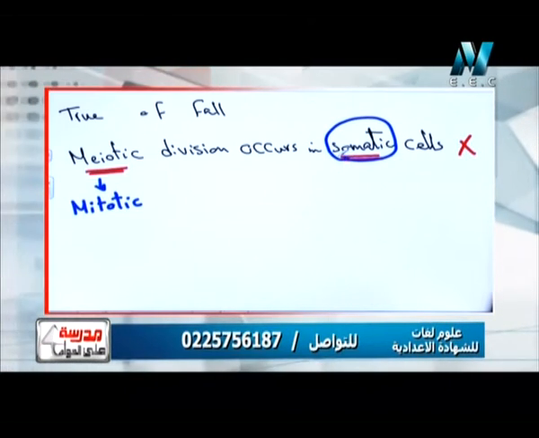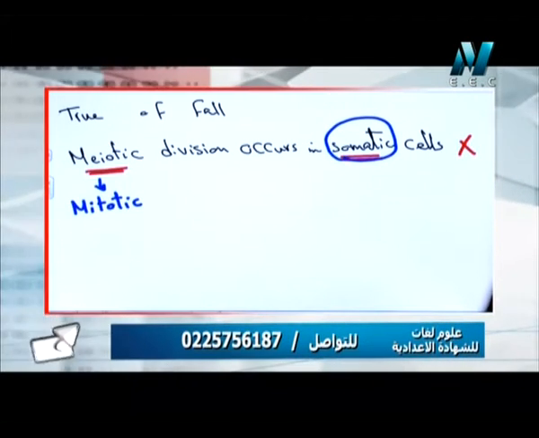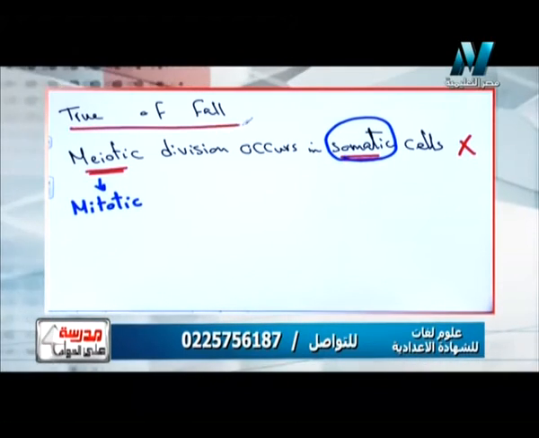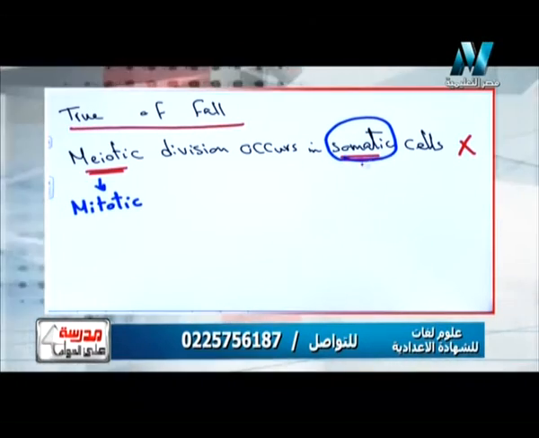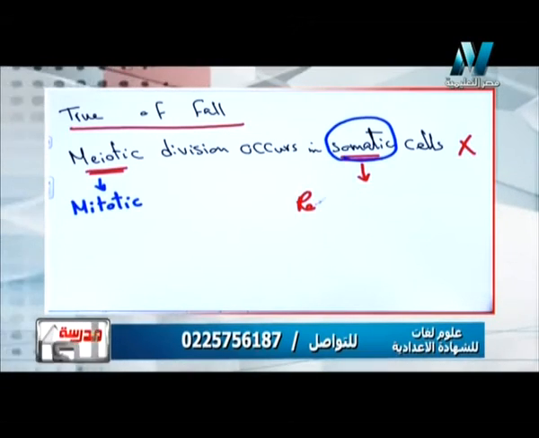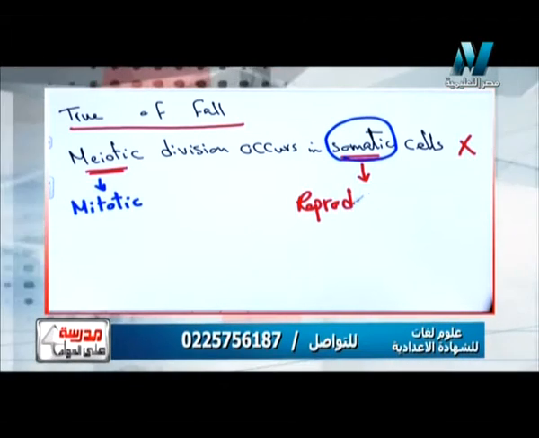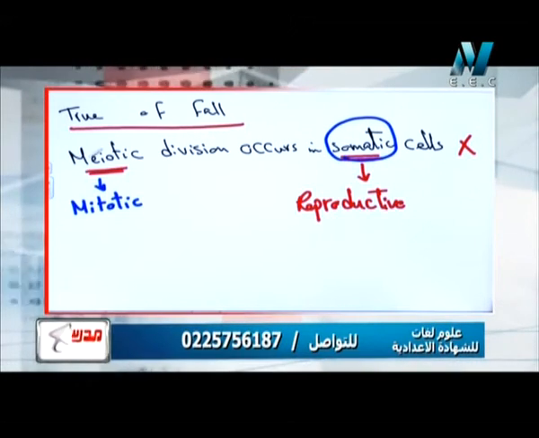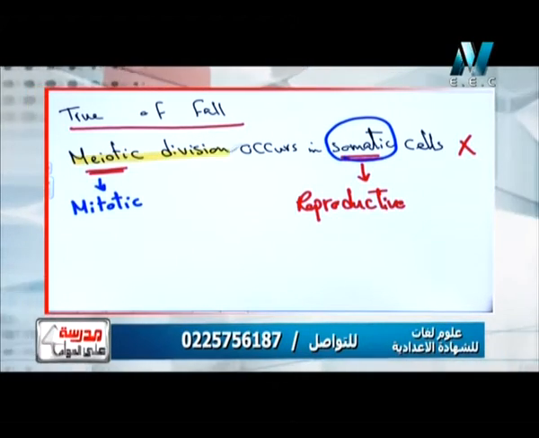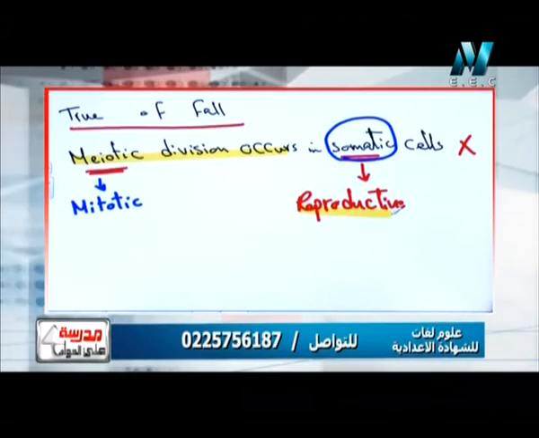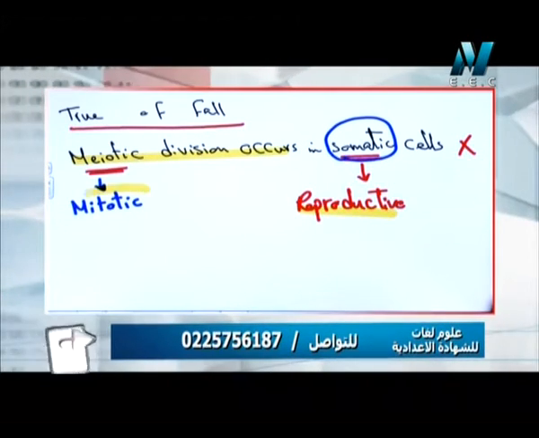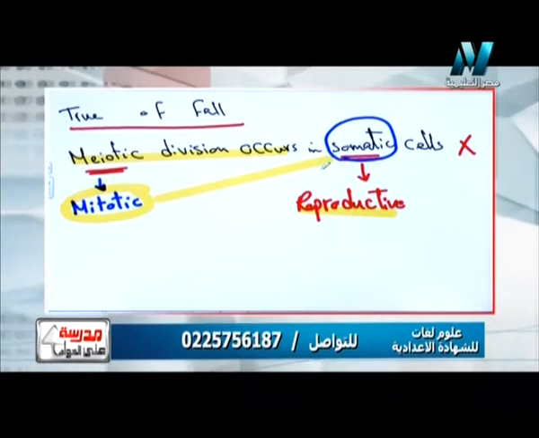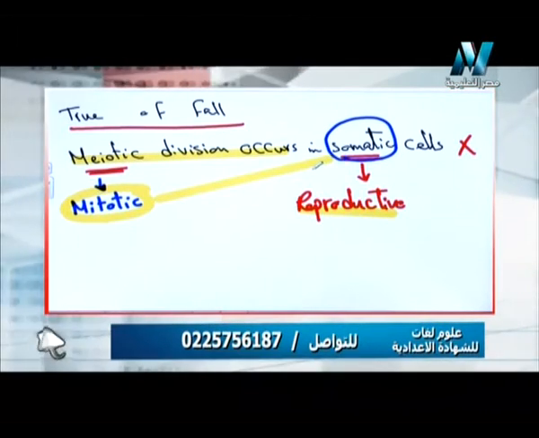Some students may try to correct this statement by replacing somatic with reproductive cells. So we can answer in 2 ways: meiotic division occurs in reproductive cells, or mitotic division occurs in somatic cells. So we have 2 ways to answer this question.